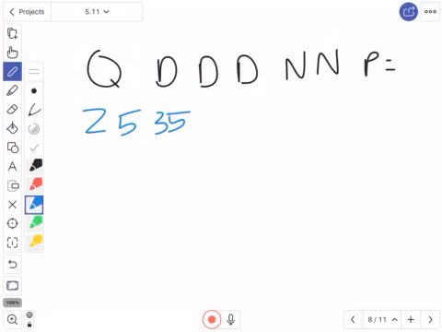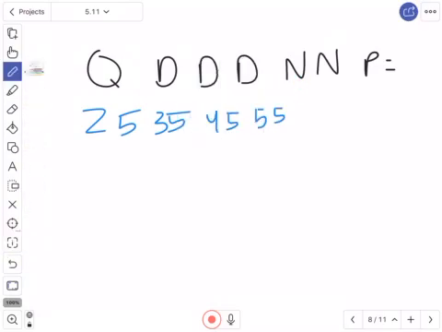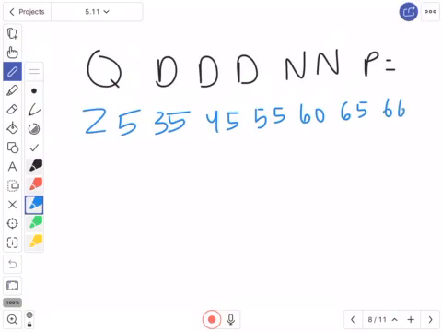Counted by 10 still. 45, 55, nickels are 5, so I'm going to count by 5s, 55, 60, another nickel, 65, penny, 66. So 66 cents.